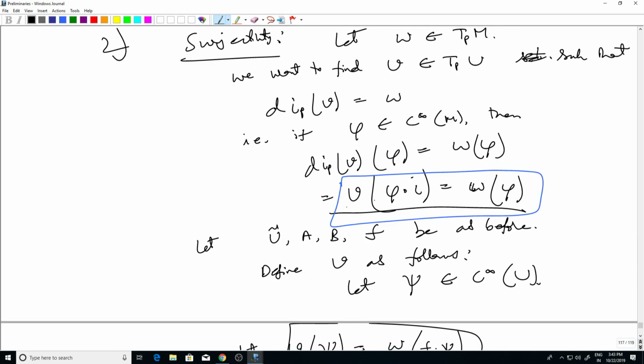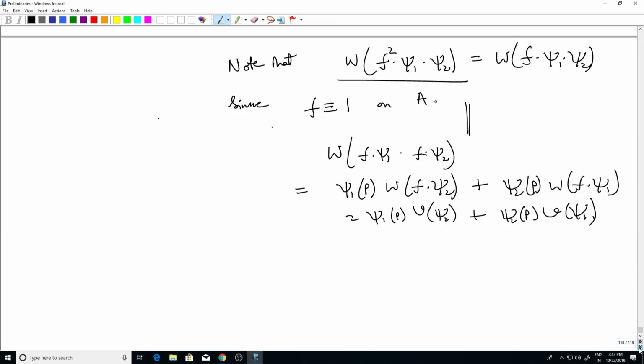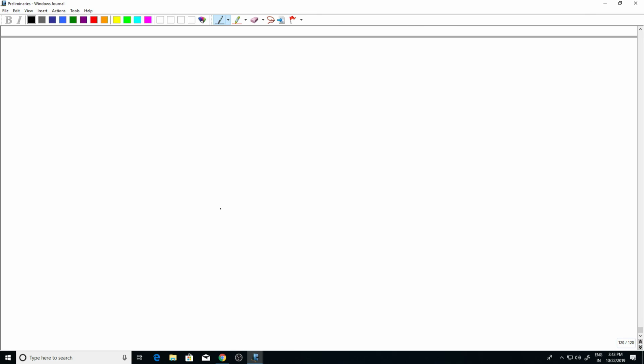So along the way, we have also proved various other things. So let's just note them down. The proof also shows various things.